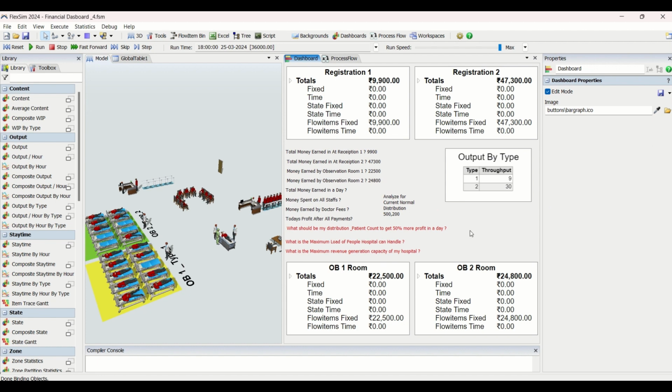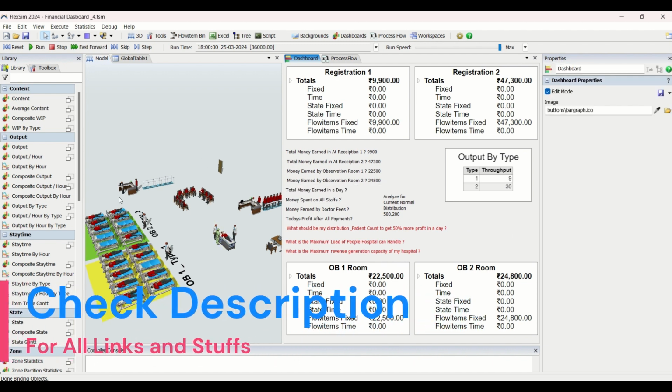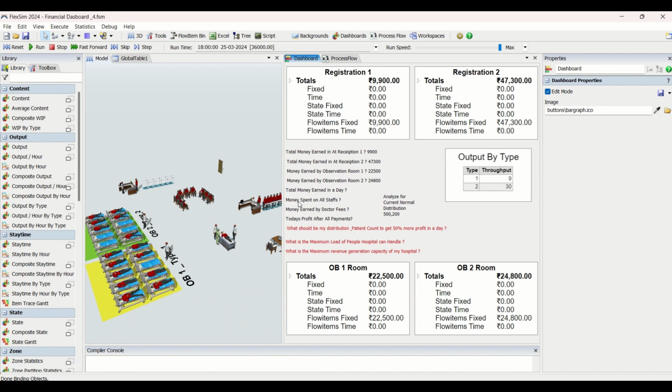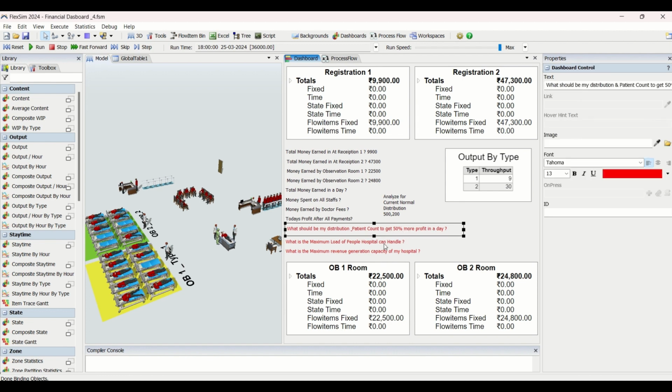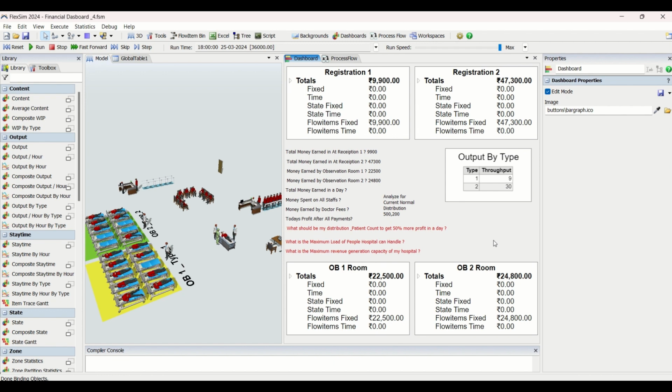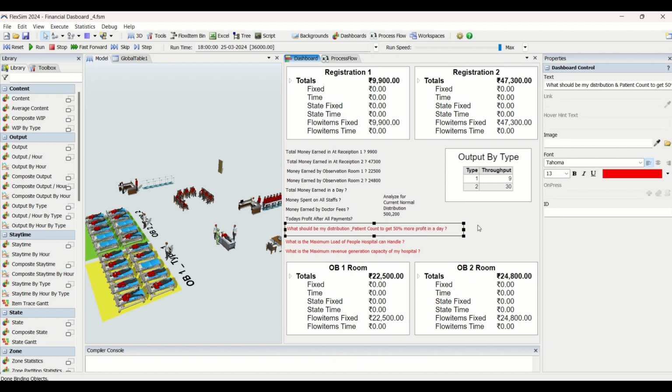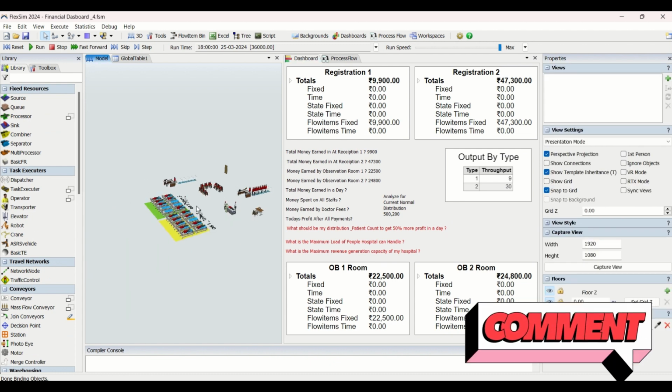In the next video we are going to find out what is the total money earned in a day by this hospital facility, and we are going to put in the money spent on all the staff, then find out the money earned from the doctor fee, then what was the total profit for today after the doctor has paid the staff and taken out his fee, what was the net profit for him for running this facility. And then we have a great question to answer in our fourth video, to find an optimized solution for the healthcare system.